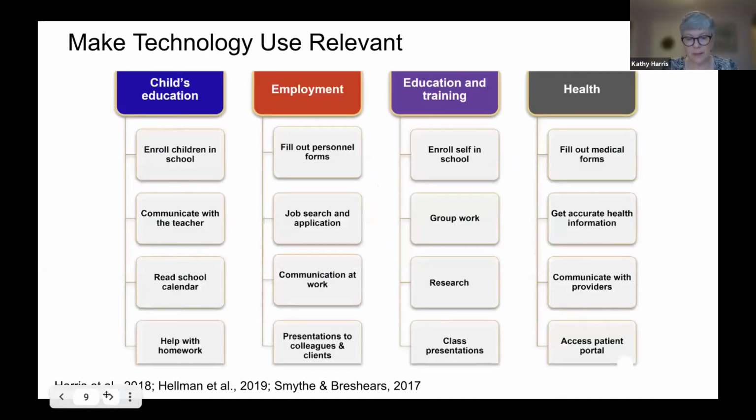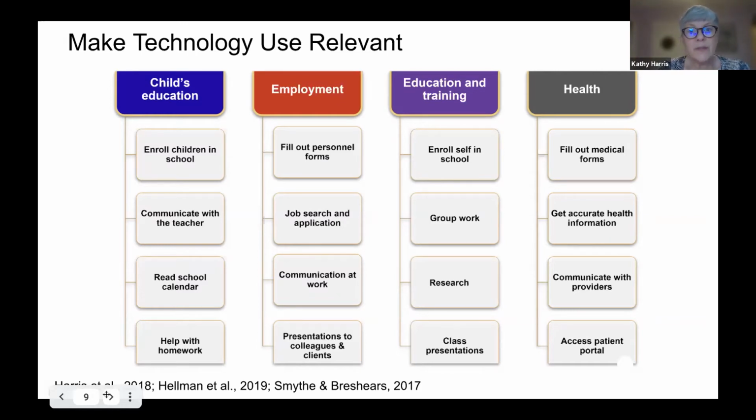Thank you. Another thing that's really important as we create learning opportunities for students is to make technology relevant for both academic skill development and for the things that students need to be able to do in their lives. For academic skills, there's certainly lots and lots of relevance, whether it's doing research, reading online, making class presentations, critical thinking skills, and so on.